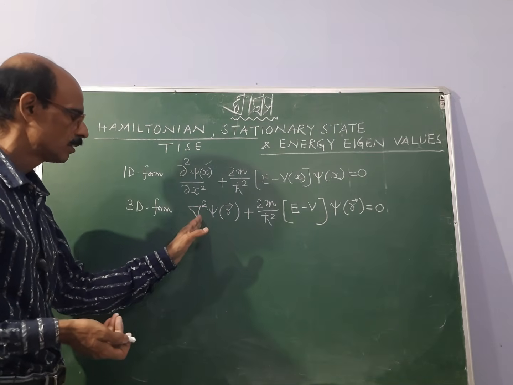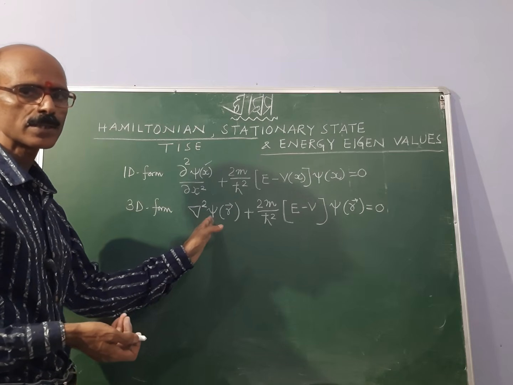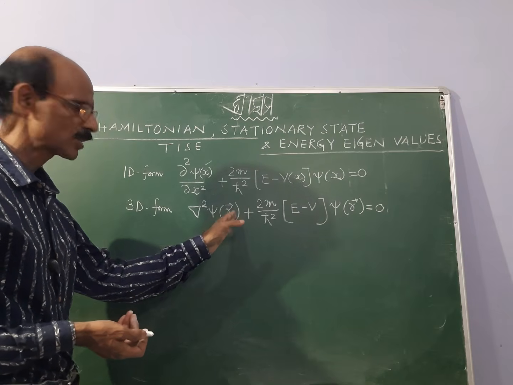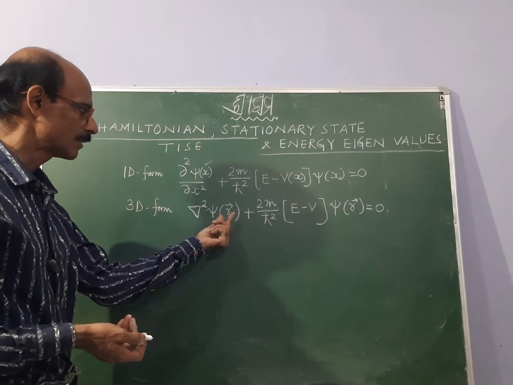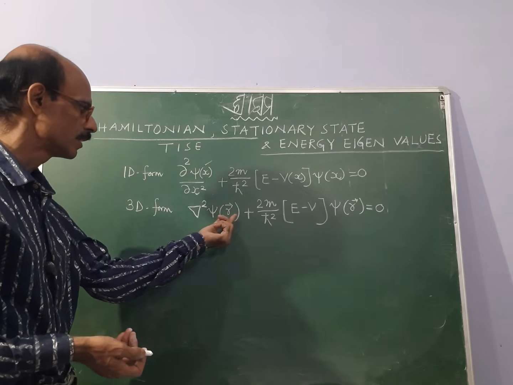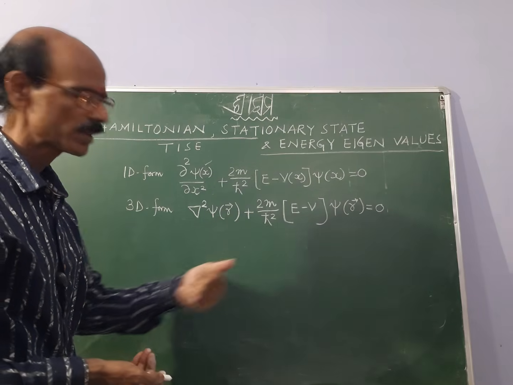Here it represents del square psi by del x square plus del square psi by del y square plus del square psi by del z square. Since x, y, z are all involved, r is written, where r is x i cap plus y j cap plus z k cap.